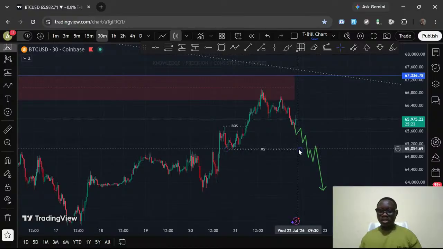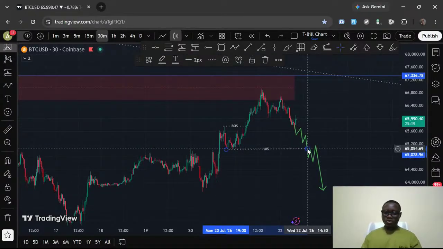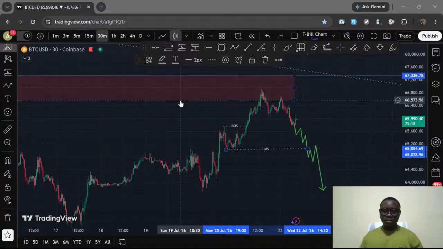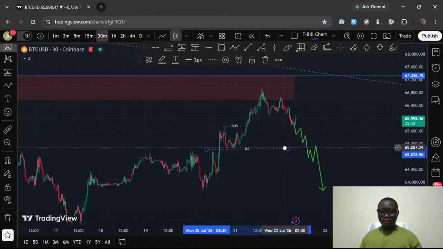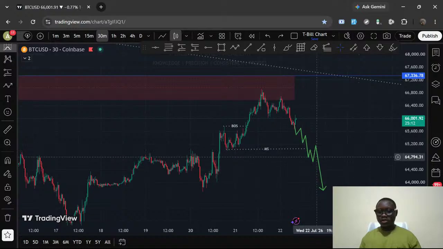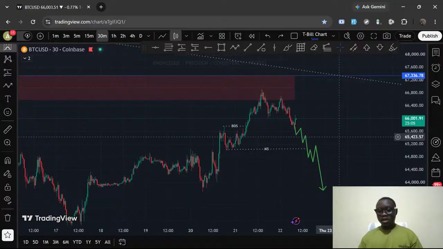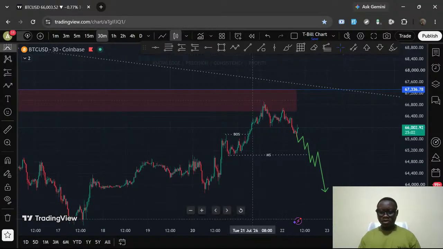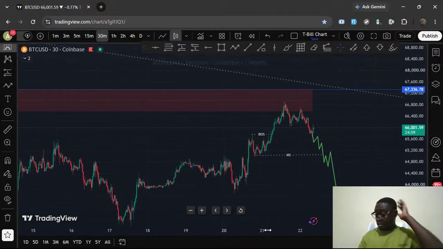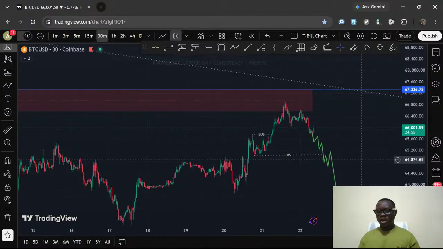Okay, so this will be my entry for BTCUSD. Not until I get something like this, I'm not going to sell BTC just yet. Okay, I'm more focused on selling BTC, not buying BTC because the overall trend is still bearish.